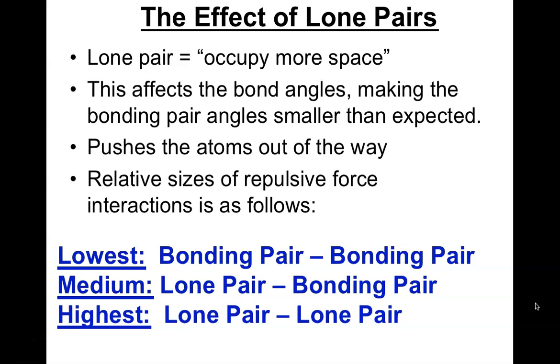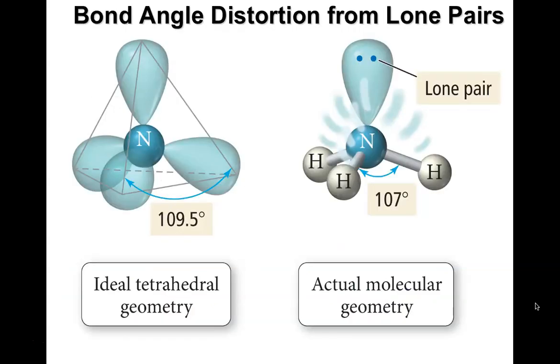And obviously, if you have multiple lone pairs near each other, that's going to be the highest type of repulsive force that can change the shape of a structure. Questions on this? Okay.